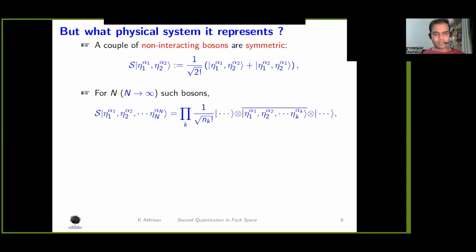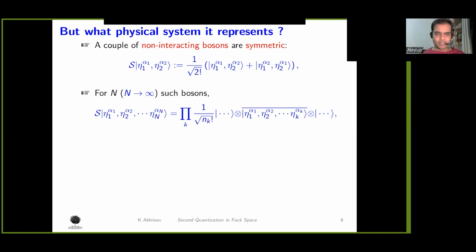Now if you have a high number of bosons, capital N, which can be infinite also, and some k bosons are identical, you have to symmetrize their distribution.